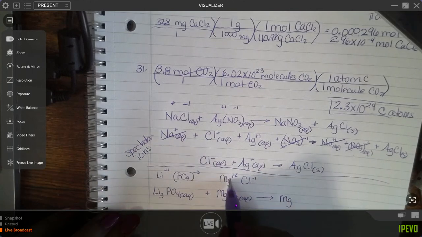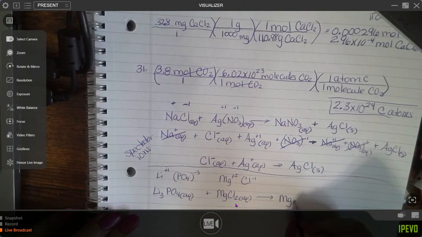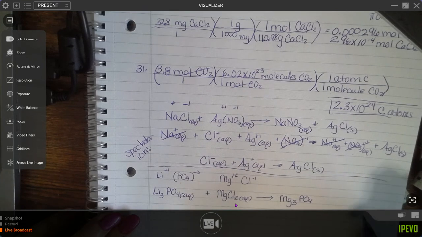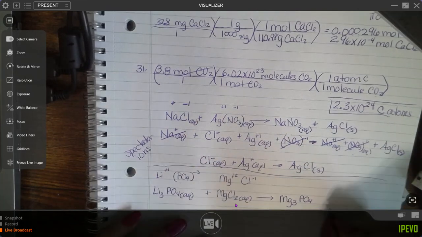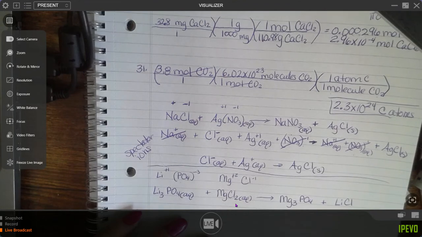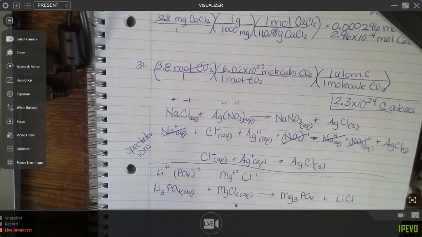Okay, magnesium's +2, phosphate's -3, so Mg3PO4. Okay, we got to figure out if that's a soluble or insoluble, and then we would end up with lithium chloride. Okay, so now we have to hop over to our solubility rules.